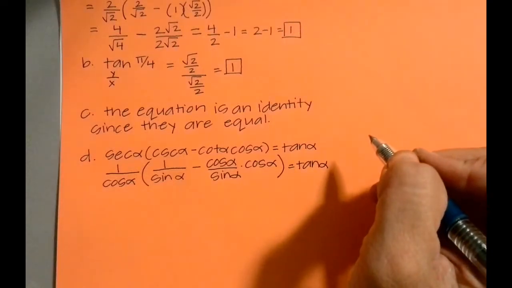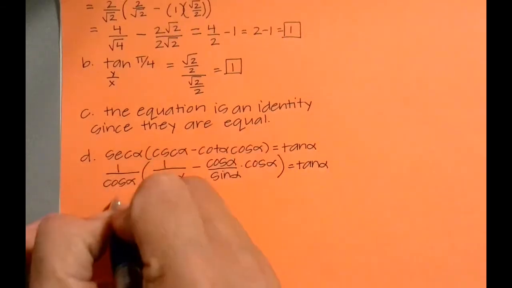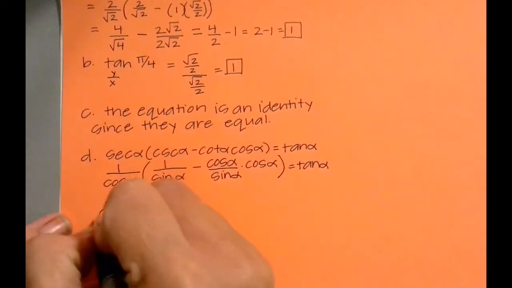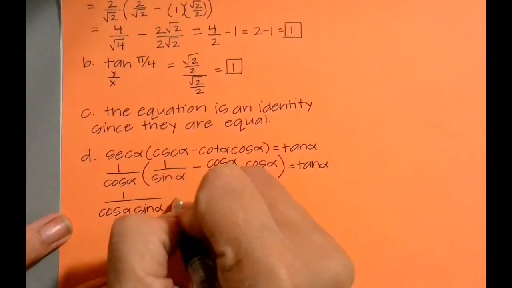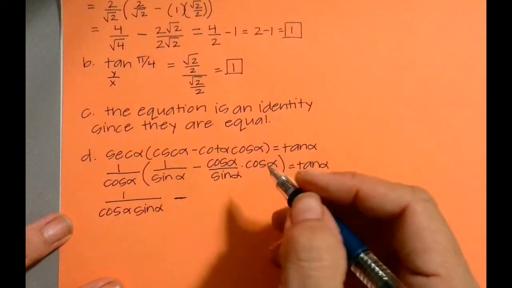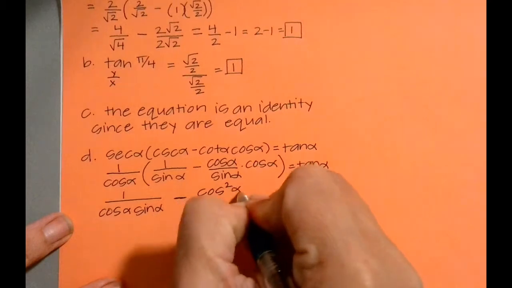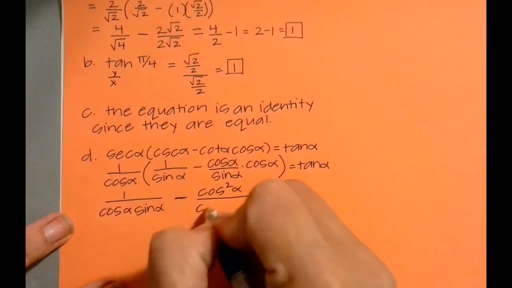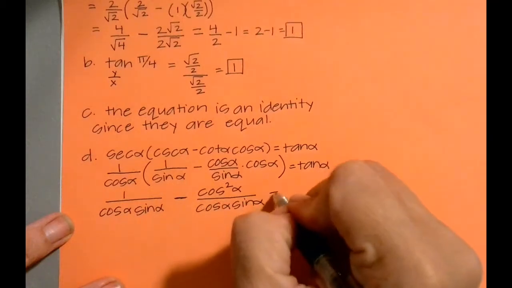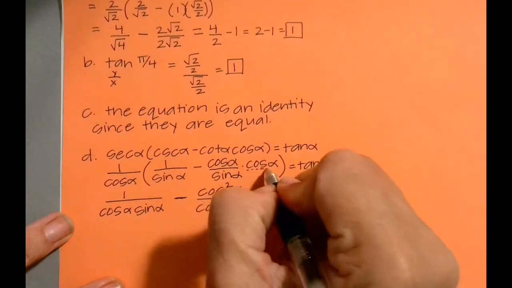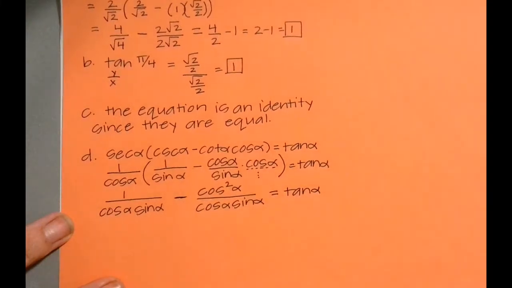So I get that, and then the next thing I'm going to do is distribute. So if I do that, I get 1 over cosine alpha sine alpha minus cosine squared alpha all over cosine alpha sine alpha, because this is really only over 1, which is tangent alpha.